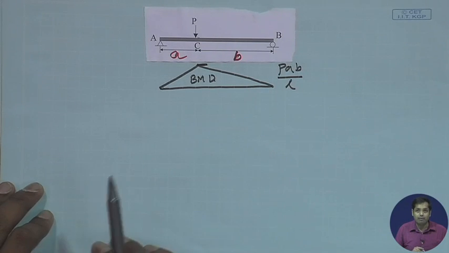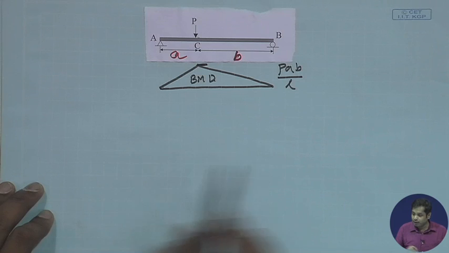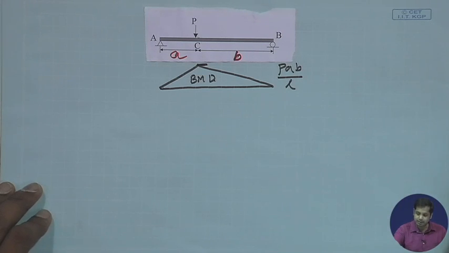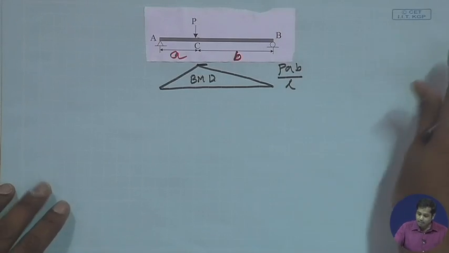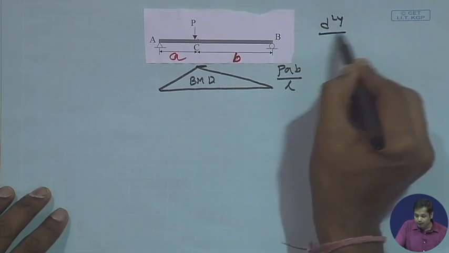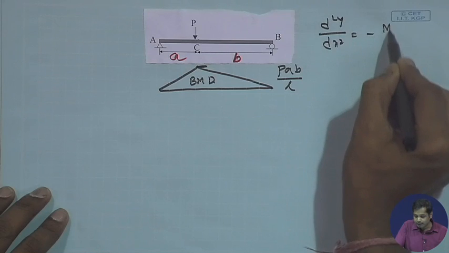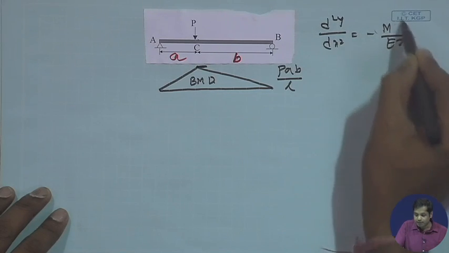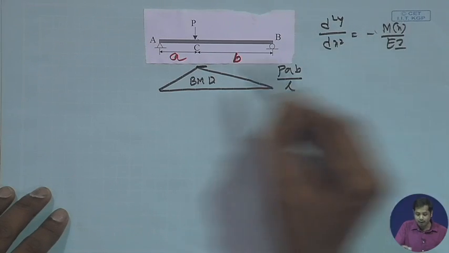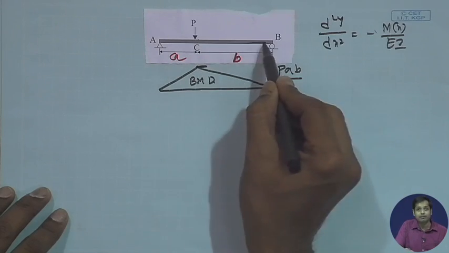So, when we use the expression d2y/dx2 is equal to minus M by EI, the expressions of M are different for this part and different for this part.